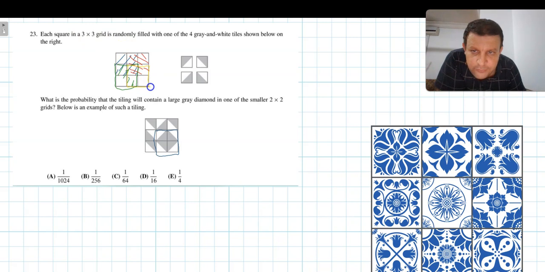For each one, the probability of creating this diamond is going to be the same. Let me find the probability of creating this diamond in one of them. So this means we need to multiply by 4.